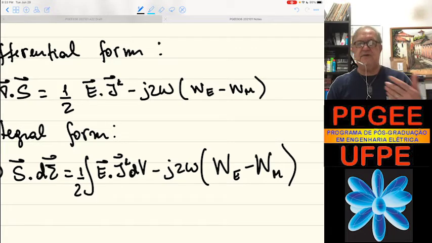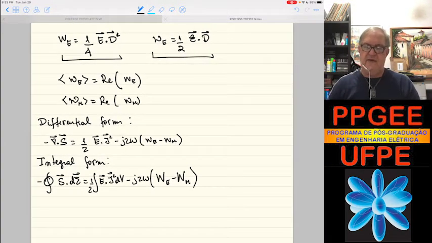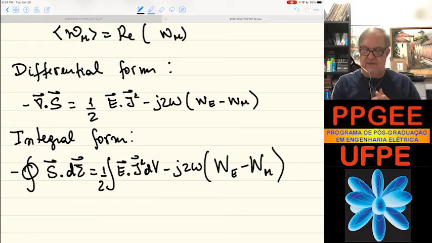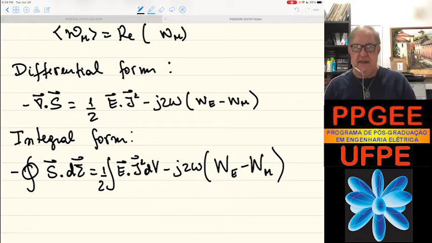That's the net energy, let's say, electric minus magnetic. If those are equal, we don't have an imaginary part of the complex flux of power, right? So that's what we have for harmonic field. That's how the Poynting theorem is, both differential form and integral form. Okay. We're going to explore that when calculating the loss in the magnetic media in the next lecture.